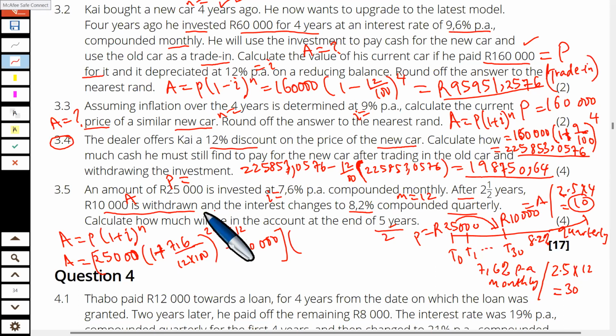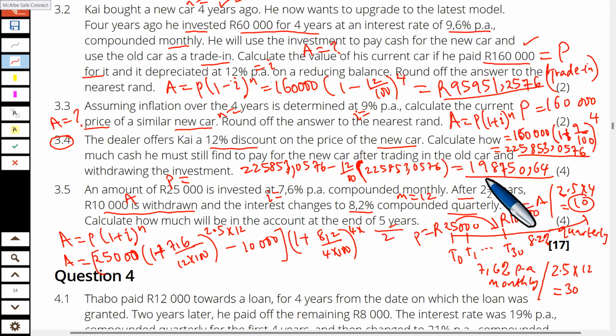They're saying here that 10,000 is withdrawn, and the interest rate then changes to 8.2% compounded quarterly. Compounded quarterly, so it's 4 times 100. Calculate how much will be in the account at the end of 5 years.